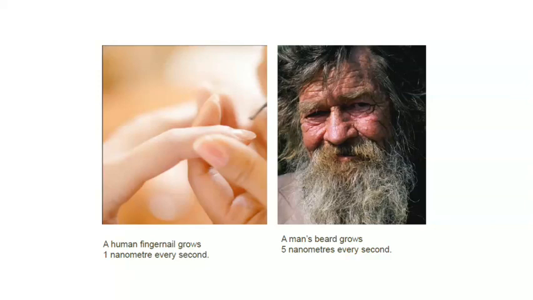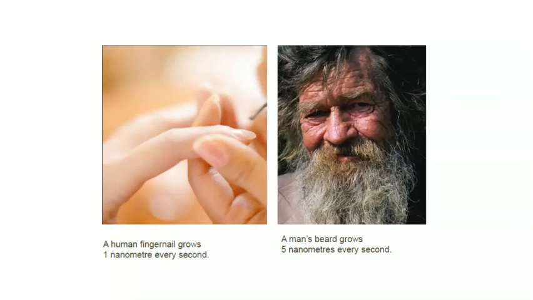This is again a very beautiful example which is happening with you right now. Right now in the nano world something is growing naturally with you. You can see on the left there are two photos. On the left side, a lady is showing a finger, and some nail polish is being deposited on the nail.